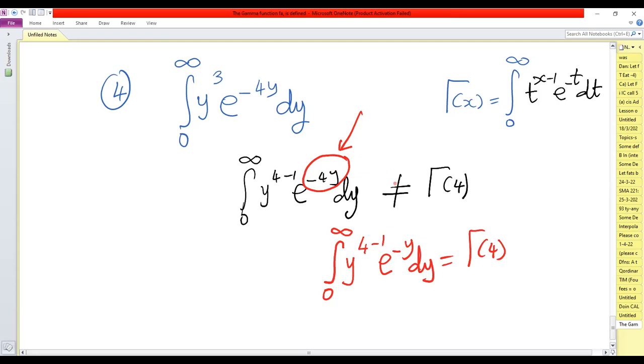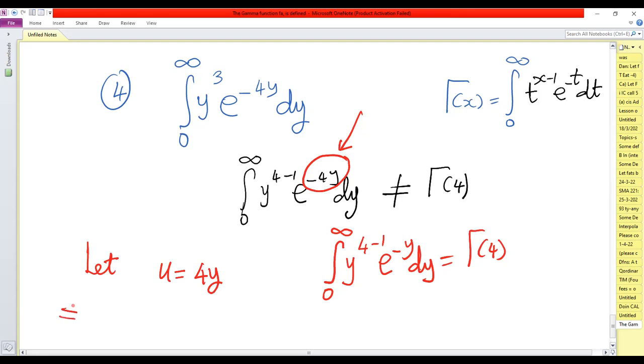So therefore, we have to do some transformation to ensure that this power of the exponential is simply the negative of a single variable. So let us take 4y to be a value, say u. So let u be 4y. We want now to change from being an integral in terms of y to the new variable u.